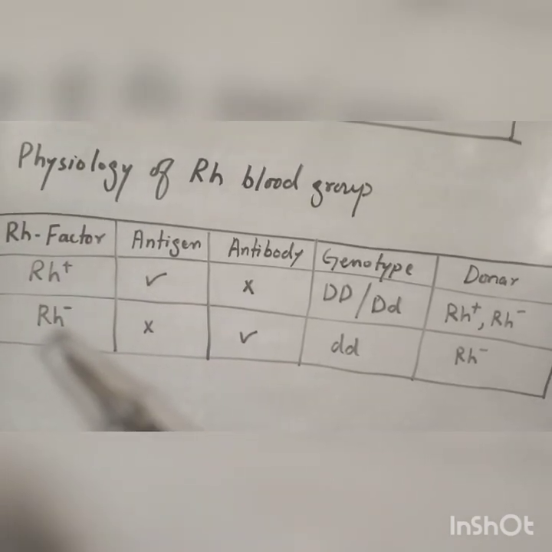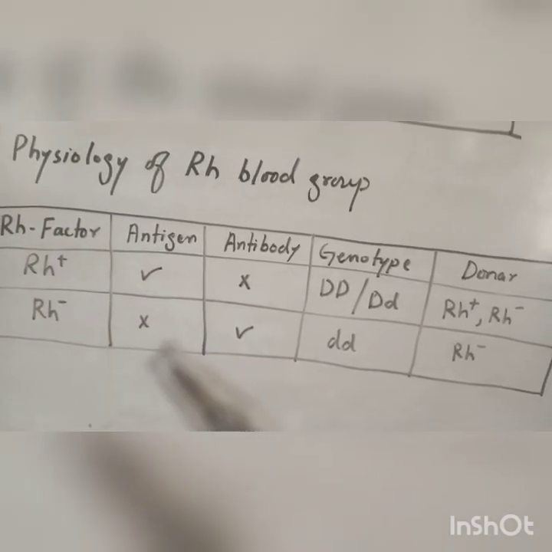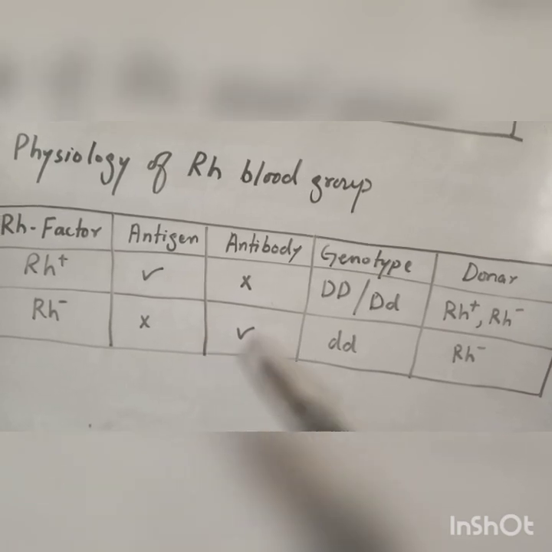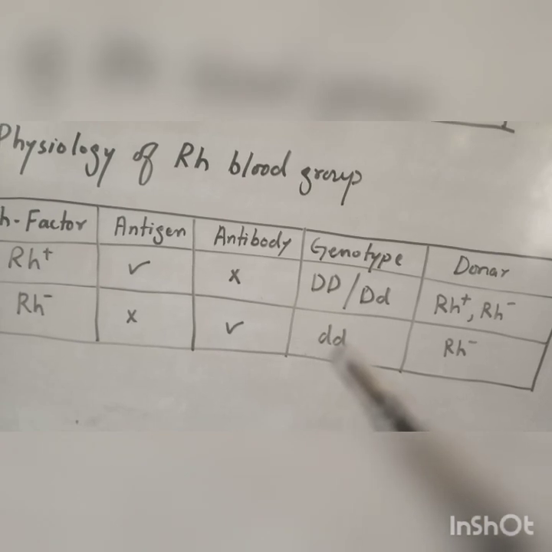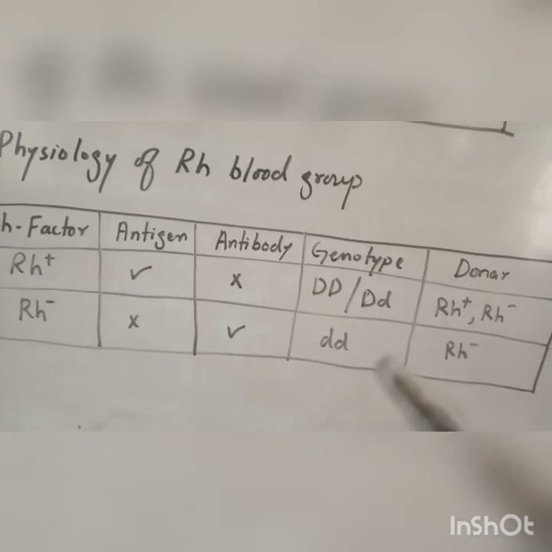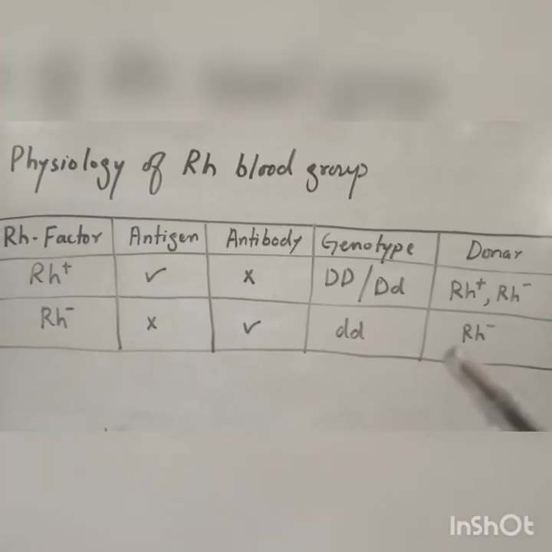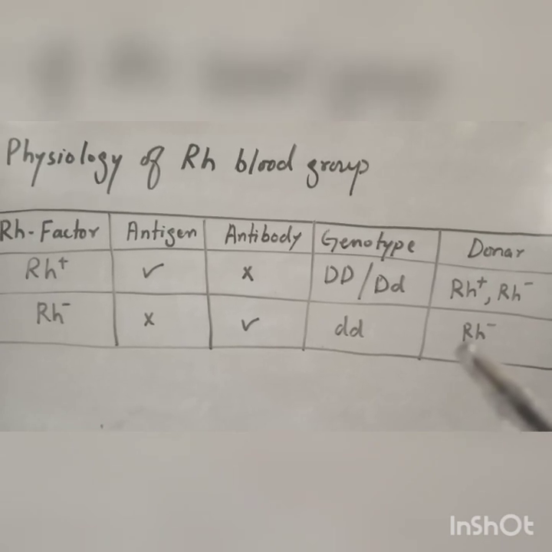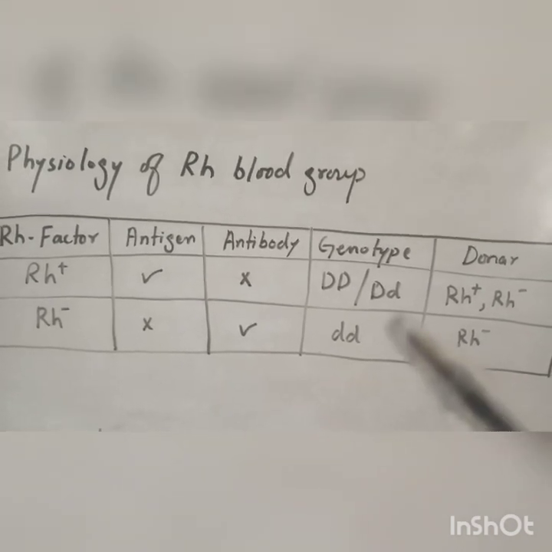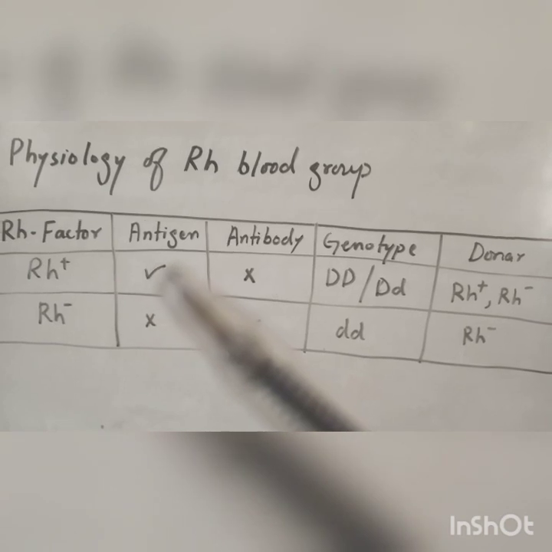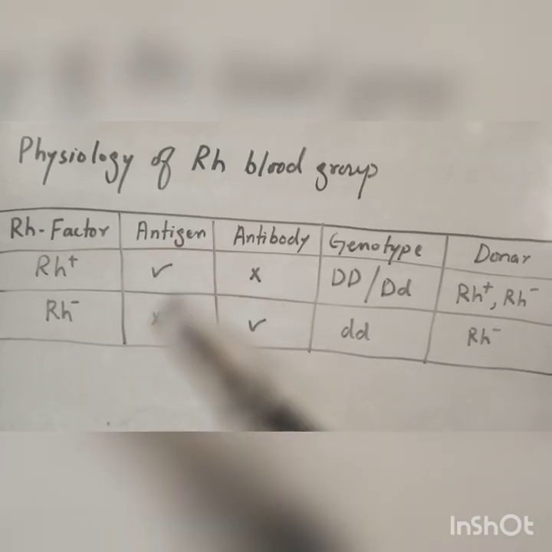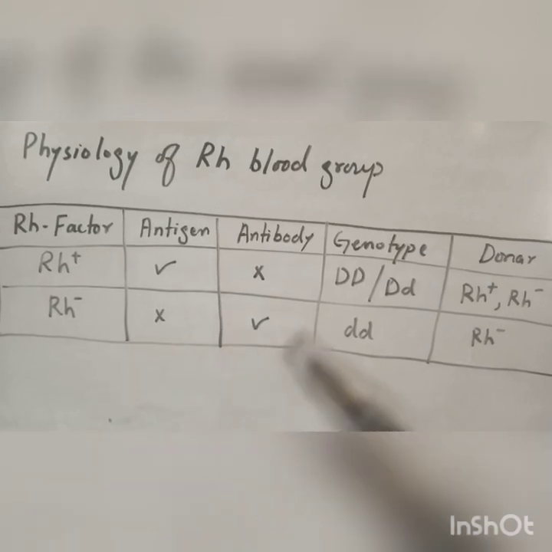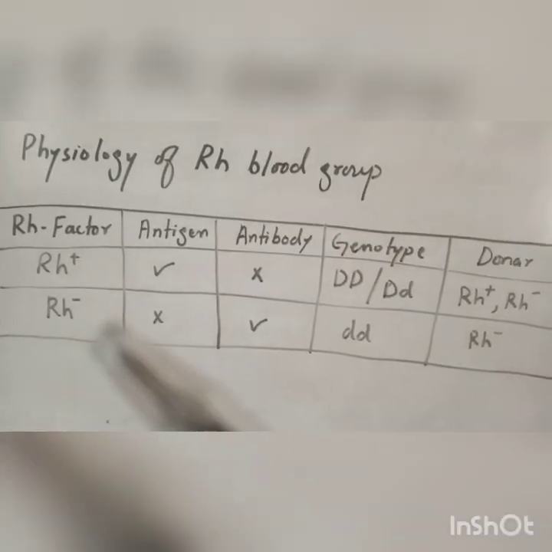While in Rh negative, there are no antigens present but antibodies are present, and the genotype is homozygous recessive. And the donors for Rh negative are only Rh negative because Rh positive has antigen. So when Rh positive is transfused to negative, it will react with the antibody of the Rh negative.